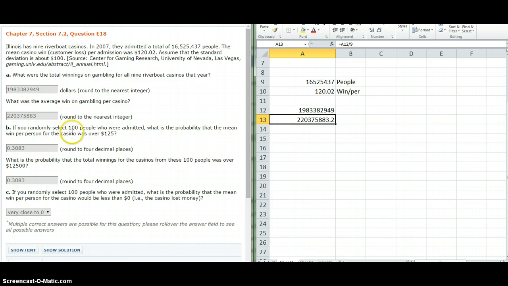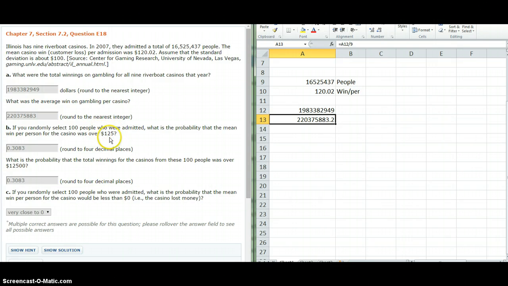We randomly select 100 people out of this 16.5 million population, and we're looking for the probability that the mean win per person was over 125. So let's take a step back. What would we do if we were just selecting one person? Well, if we wanted to see whether their win was over 125, we could just calculate a z-score for this 125.